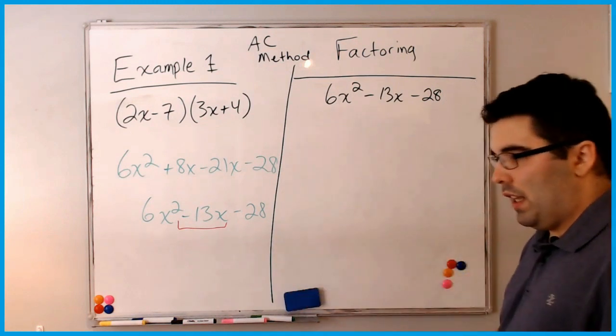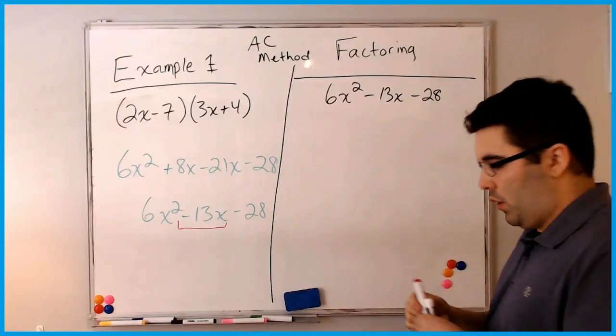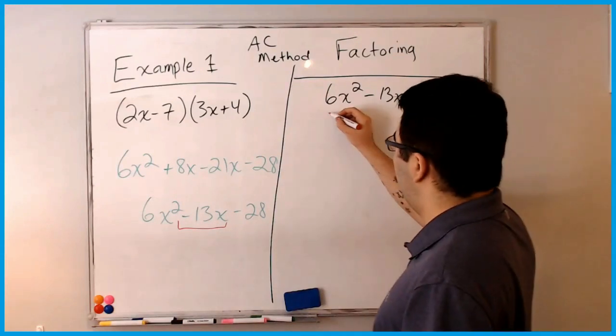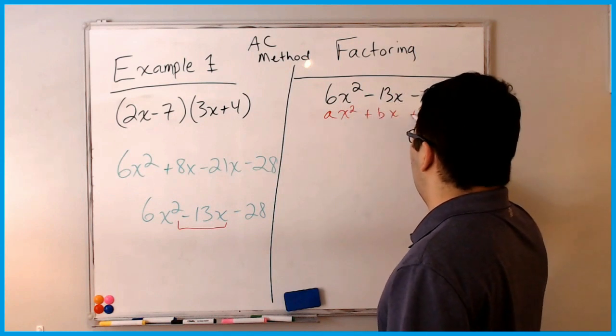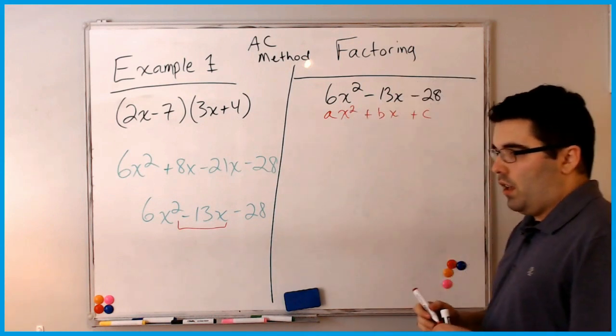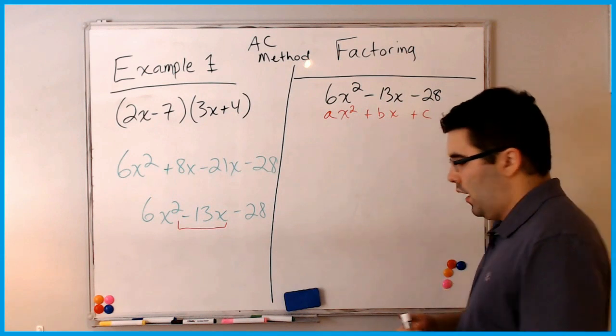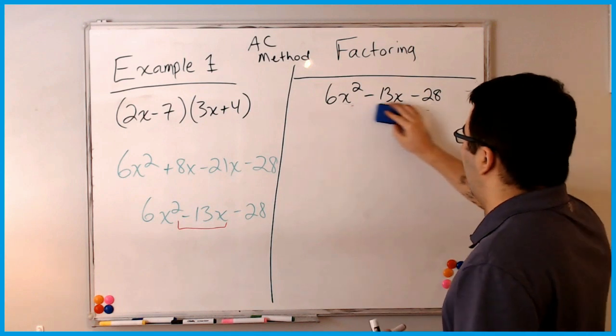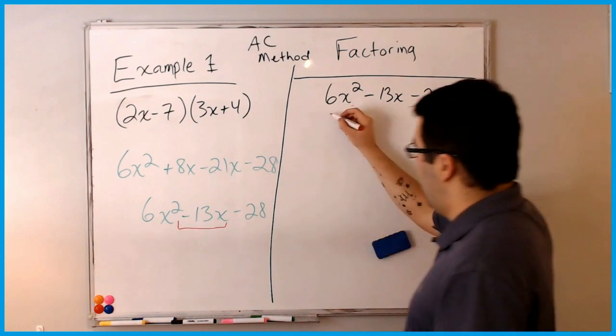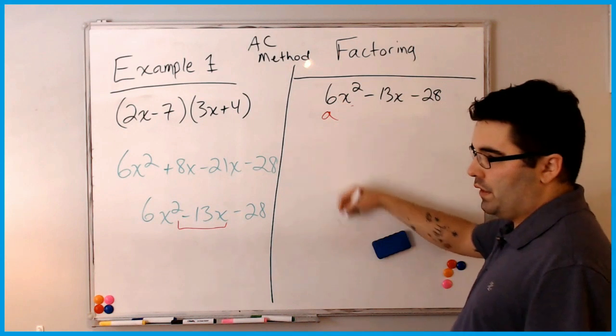We're actually going to rely on standard form to help us do that. If you recall, standard form is ax squared plus bx plus c. People get this mixed up a lot. So I wrote it, but now I'm going to write it a different way on purpose. A is lined up with the 6.